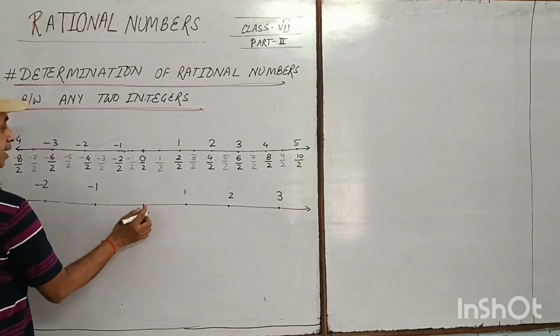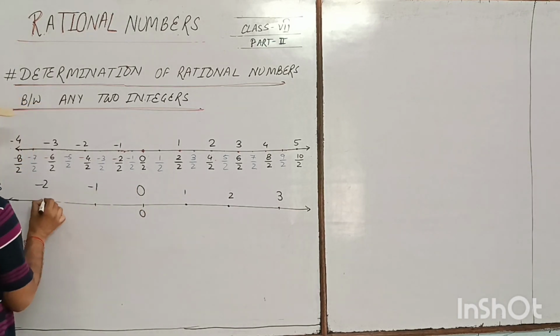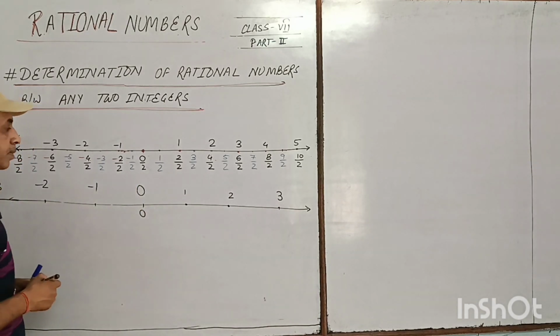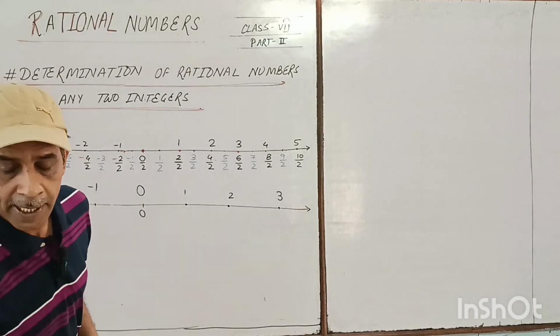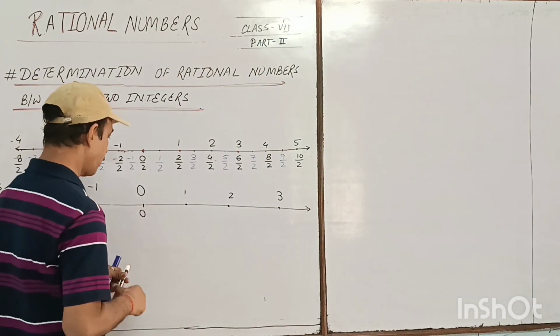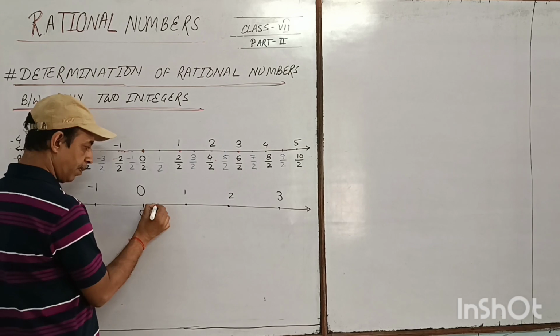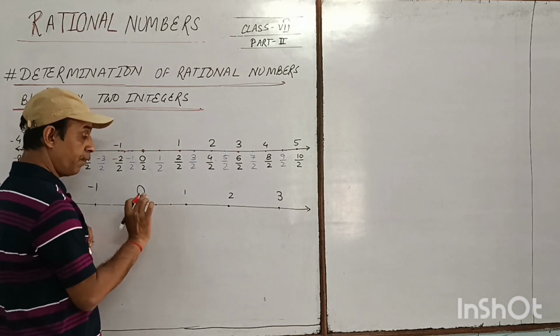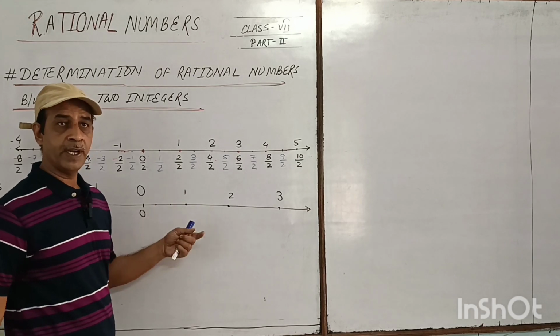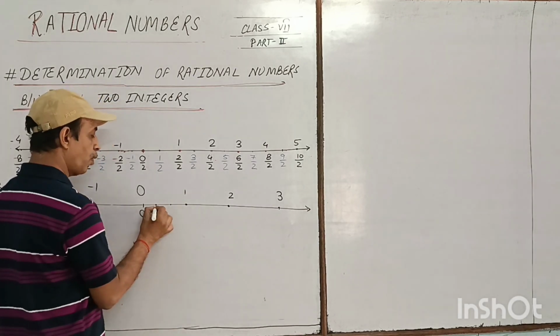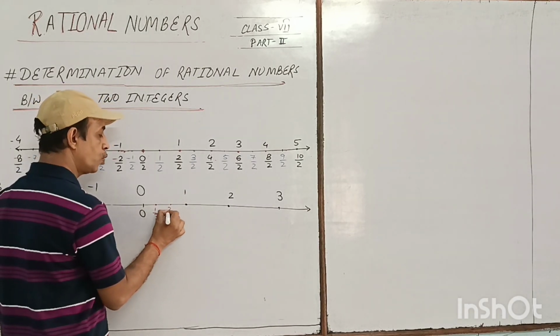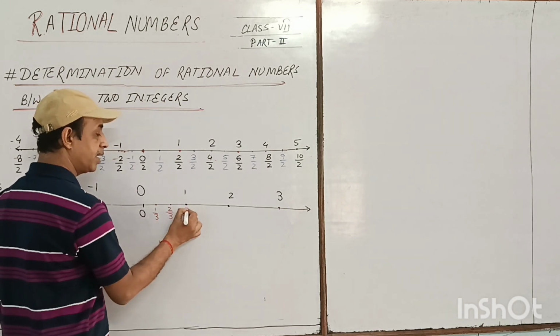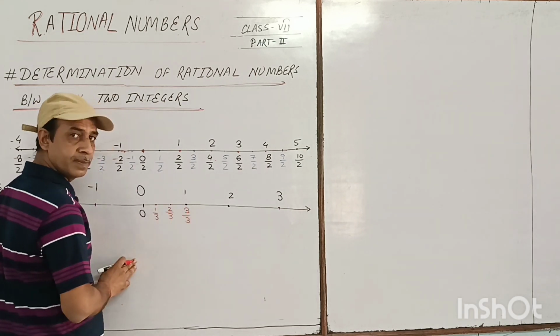Now we are dividing them into 3 parts. So let's see what happens. If you divide between 0 and 1 into three parts, it will become 1 upon 3, 2 upon 3, and 1 can be written as 3 upon 3.